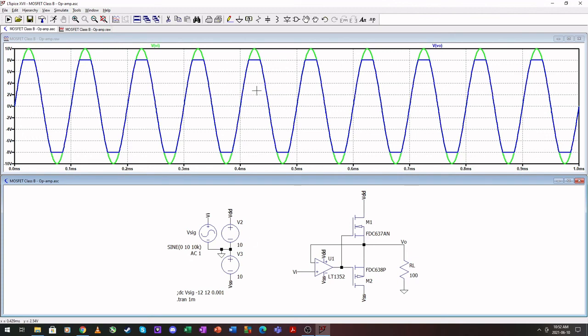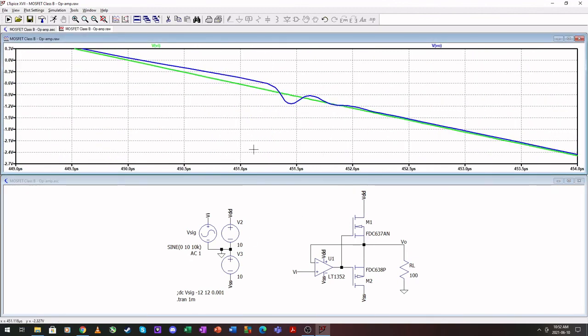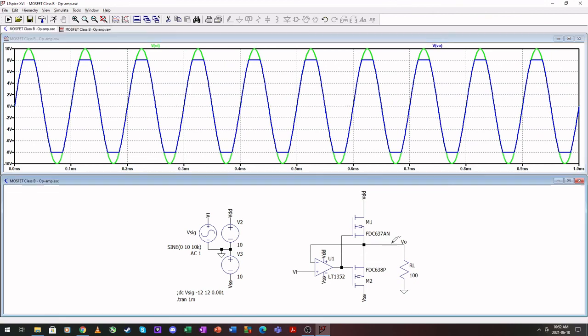Right. And if we zoom in, again, our distortion did not disappear. It just became much smaller. Right, and that is it for class B amplifiers. Thank you for watching and see you in the next video.